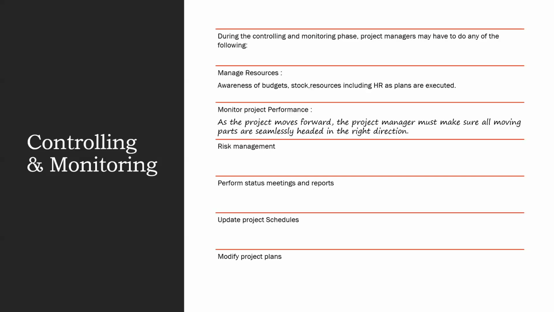You have your entire plan laid out, including workflows, and then you are going to cost it, because the activity must be there for it to be costed. That is why in project management, you must understand clearly that it is the activity that will inform the budget. And then you will also work with stock resources, including human resources, as plans are executed.